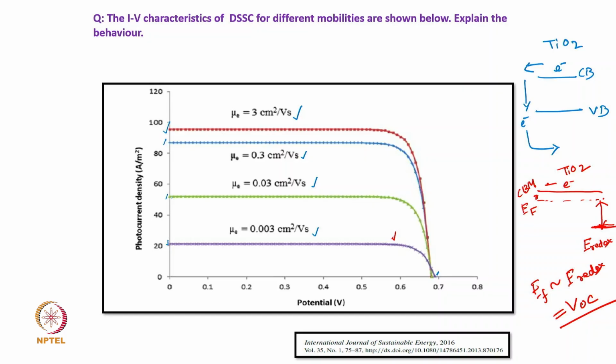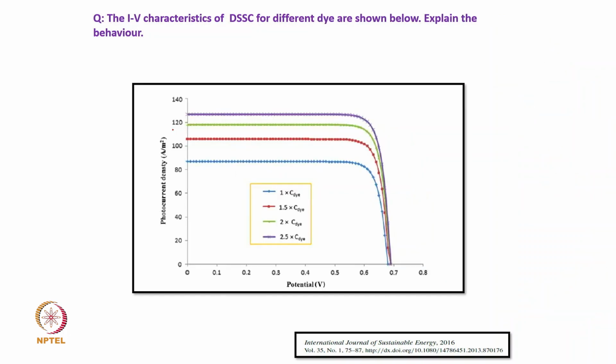If the Fermi level goes a little higher, then this VOC goes a little higher, because the difference increases. You can see a little enhancement in the VOC when the mobility is less, but it is insignificant. The significant thing is that there is a huge enhancement in the short circuit current density, which gives a very good IV characteristic with high fill factor and higher efficiency.